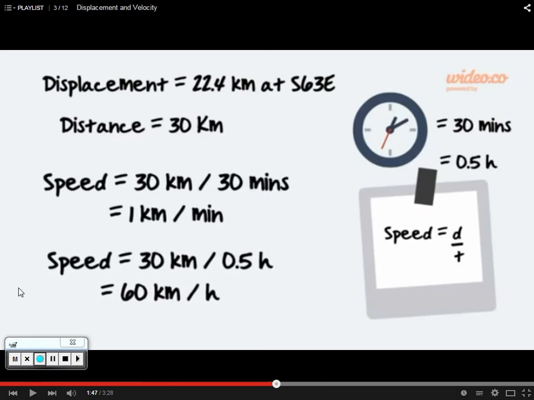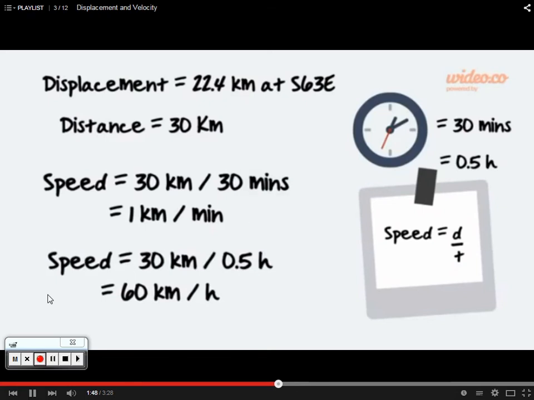Here you'll get kilometres per minute, and here it'll be kilometres per hour. So make sure you choose wisely. If you want metres per second, then you'll have to have the 30 kilometres as 30,000 metres, and this would have to go into seconds.